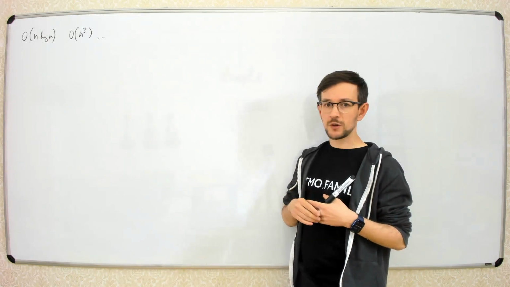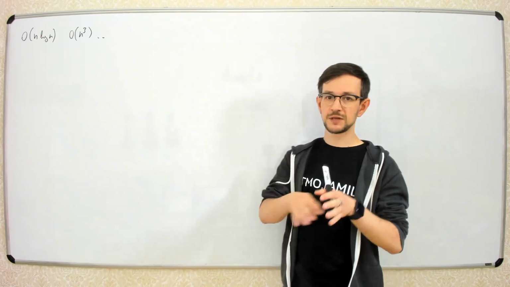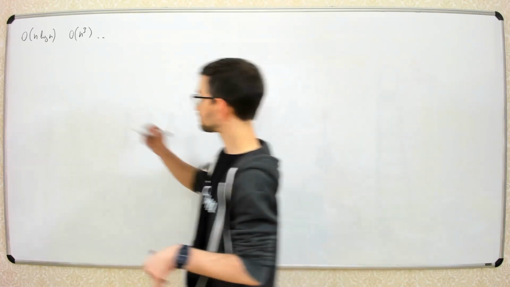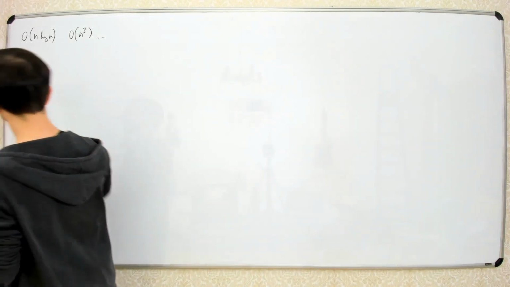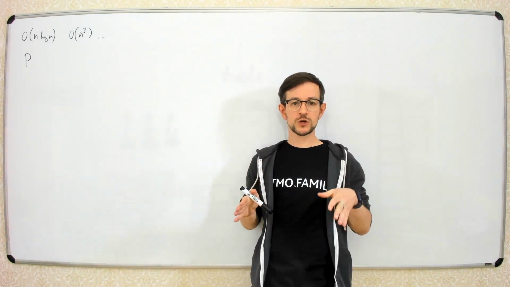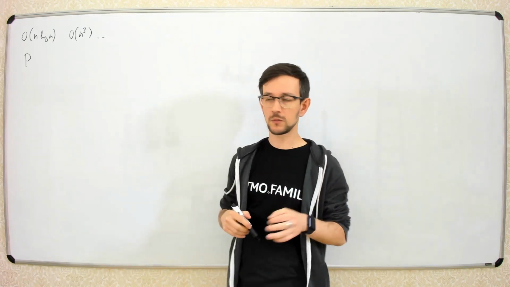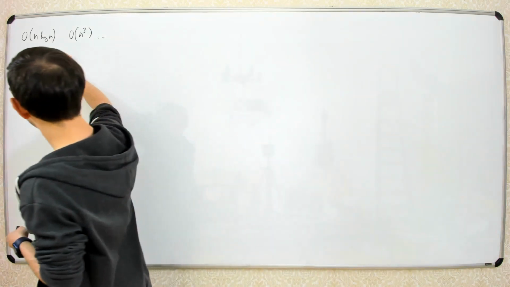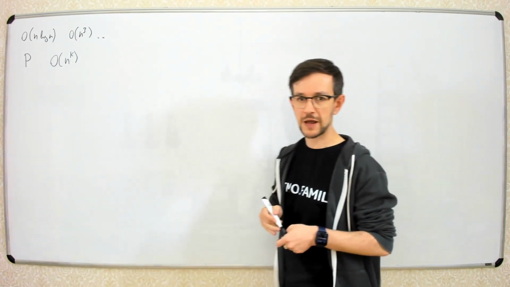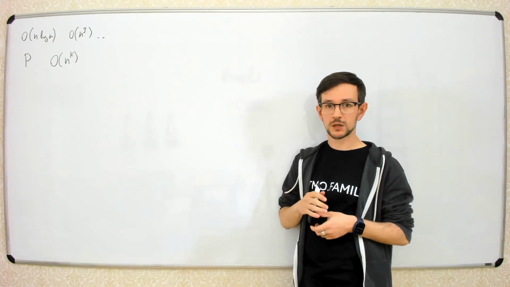In complexity theory, all these problems are combined in a single complexity class called P. P is the class of problems which are solvable in polynomial time. So if you can solve the problem in time complexity n to the power k for some k, then your problem belongs to this class P.